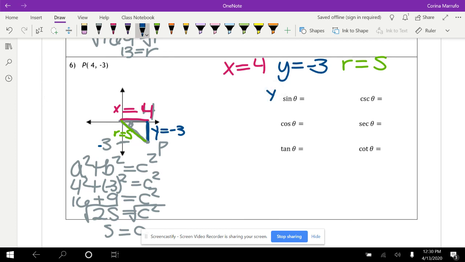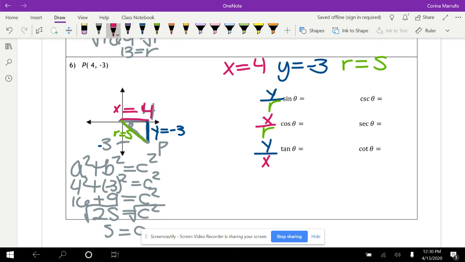So our opposite is considered y over our hypotenuse, which is our radius. For cosine, it's our adjacent side, which is our x value, divided by our hypotenuse, which in this case we call the radius. And then our tangent is our opposite side, which is our y value, y over x.